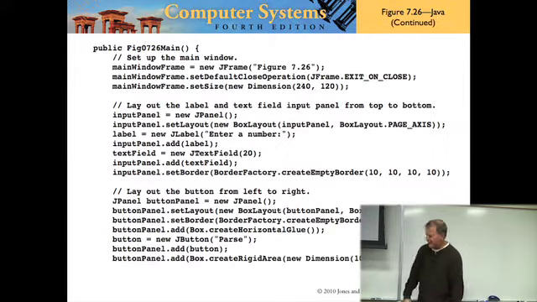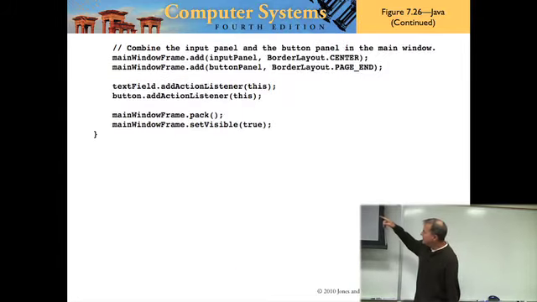This sets up the main window, lays out the label and the field for the panel top to bottom, lays out the button, so that's all just like we did before, and combines the input panel and the button panel in the main window. Is everybody good? I think there's not much there.